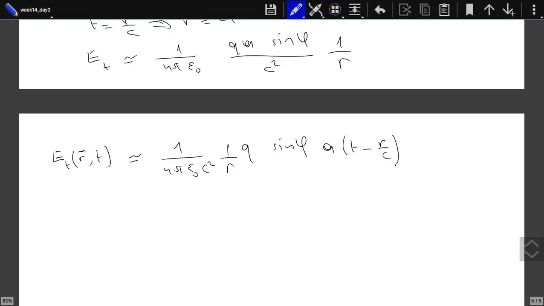At the time t, the acceleration of the object is 0. It's not accelerating. It just accelerated for a very short amount of time, close to t equal to 0. So the electric field at a given time depends on the acceleration of my charge at an earlier time. How much earlier? r over c earlier.